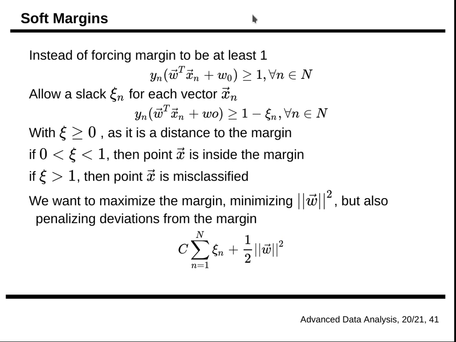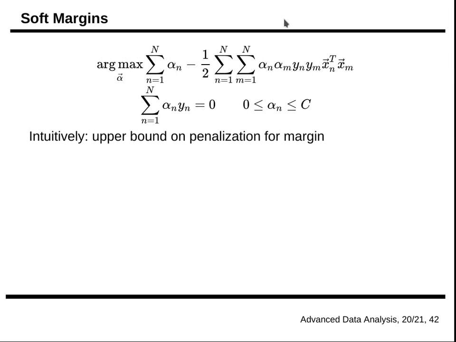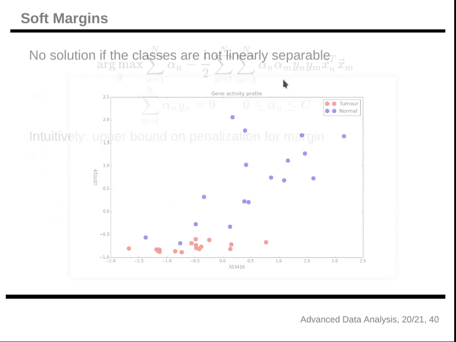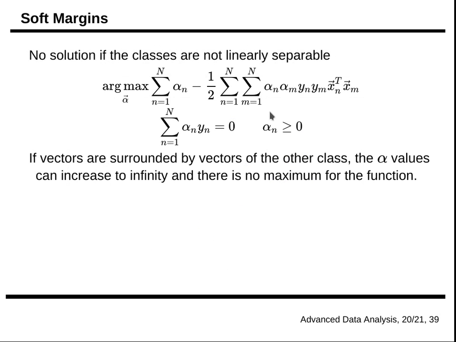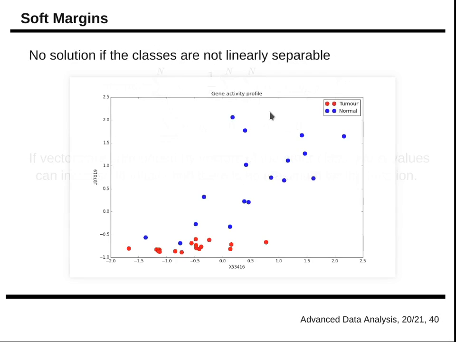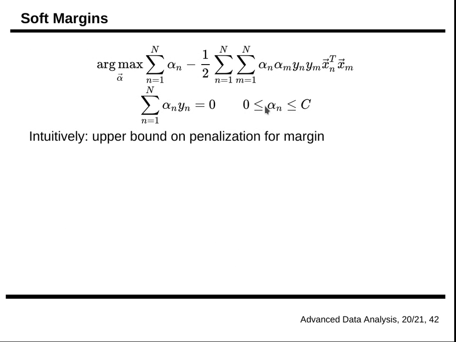So again, there is quite a lot of math going on here, because now we have also Lagrangian multipliers for the margins and so forth. But eventually, what it comes down to, it simplifies to this. This is exactly the same expression that we had here, with one small difference: now there is an upper bound for the Lagrangian multipliers for our data points.